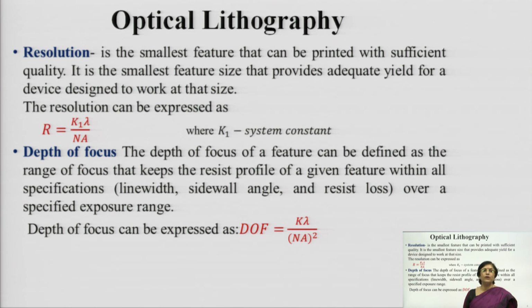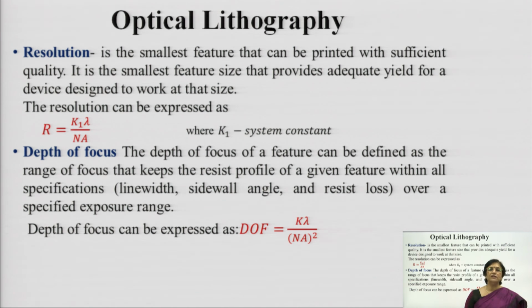The second parameter you need to consider when you are carrying out optical lithography is the resolution. It is the smallest feature that can be printed with sufficient quality, or the minimum feature size that provides adequate yield for a device designed to work at that size.